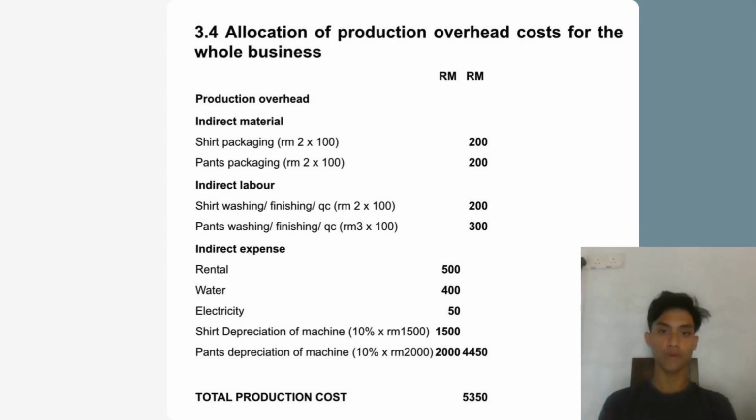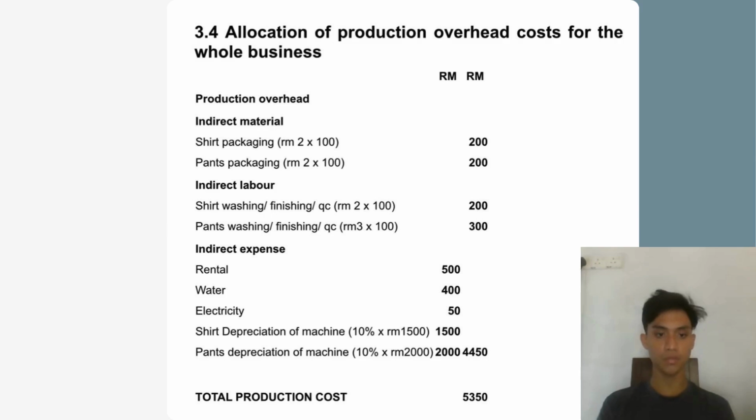Allocation of production overhead cost for the whole business. So first of all, we have indirect material, shirt packaging 200, 2 ringgit times 100, the total is 200. Pants packaging also same 200 for the total. Indirect labor, shirt washing, finishing and QC, the total is 200. Pants washing, finishing and QC, the total is 300.